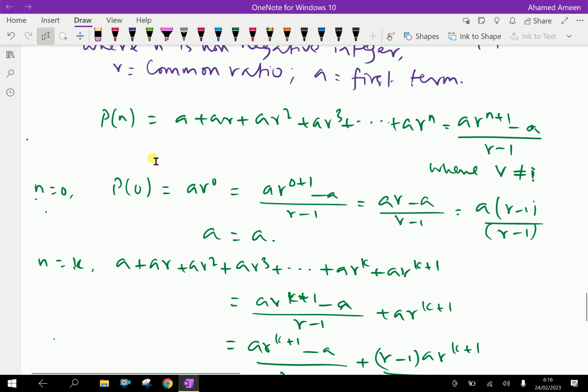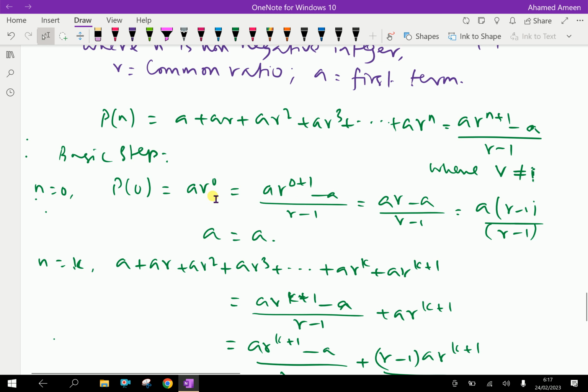Now for the basis step, put n equal to 0 in this expression, P(0). Here there is no n term, and it equals a r^0, because n is 0, which is a, and the right side is (a r^(0+1) minus a) over (r minus 1).